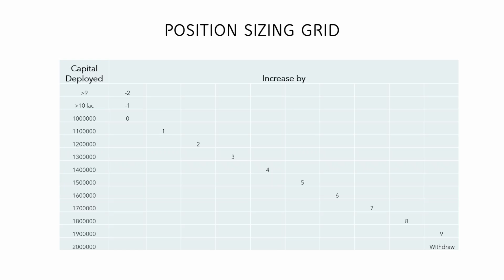If the position size in your next trade goes below 10 lakh, you reduce your position size by 1 lot. If it goes below 9 lakh, you reduce by another 1 lot, which means that earlier when you started with 10 lots, now you'll be trading 8 lots. I hope it is clear by now.